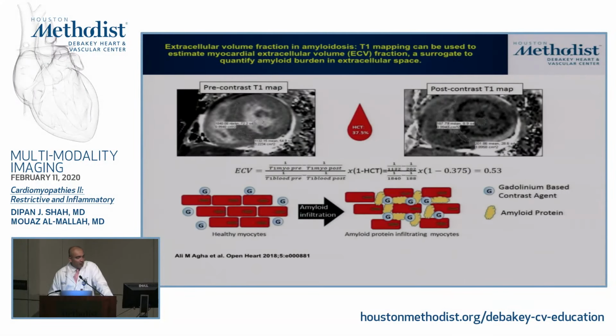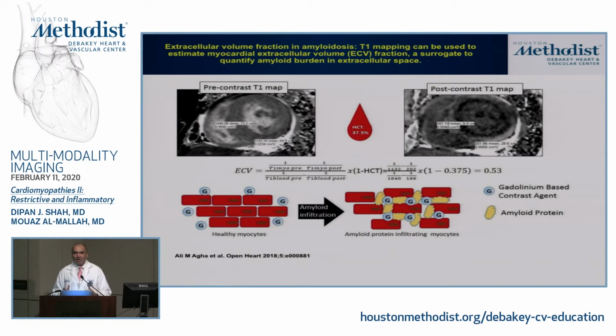Now, one of the things that always comes up is, how is it that you see hyperenhancement in the setting of amyloid heart disease? And it goes back to what I was talking about last week, which is that the kinetics of gadolinium are such that gadolinium will concentrate in any areas where there's an increase in extracellular space. Obviously, that happens in the setting of an acute MI, where you have myocyte rupture and the extracellular space increases.